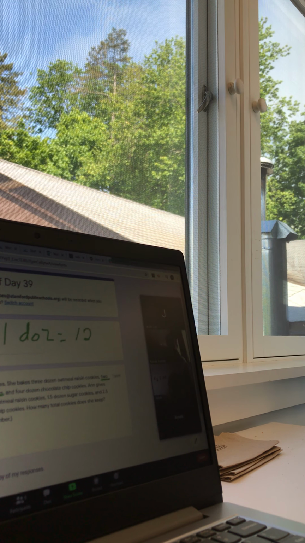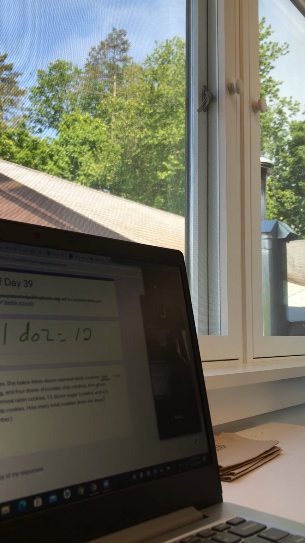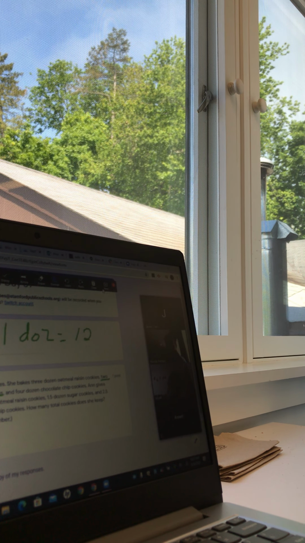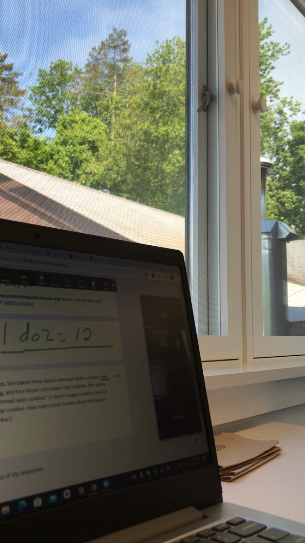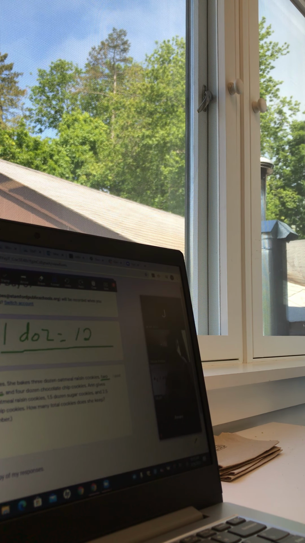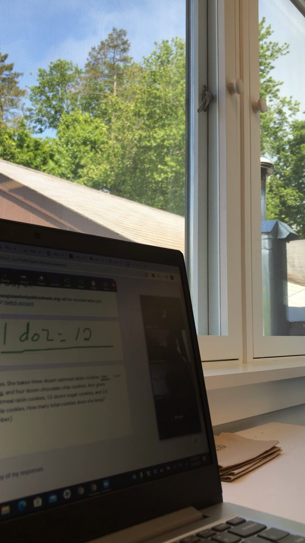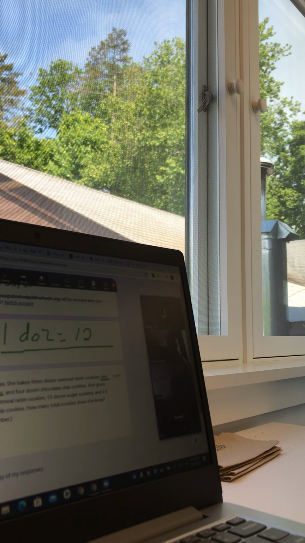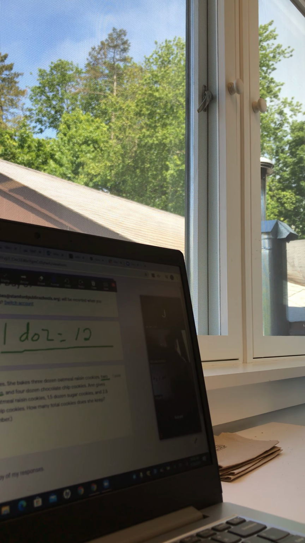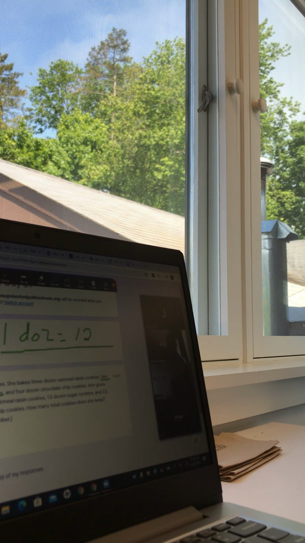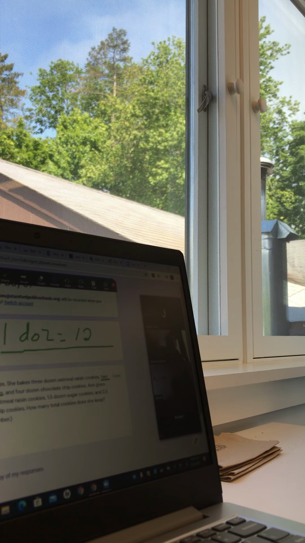So sugar cookies is 2 dozen. How many cookies is 2 dozen? Not 12. 1 dozen is 12. I have 2 dozen. I have 2 12s. How much is 2 12s? No, 36 was 3 12s.